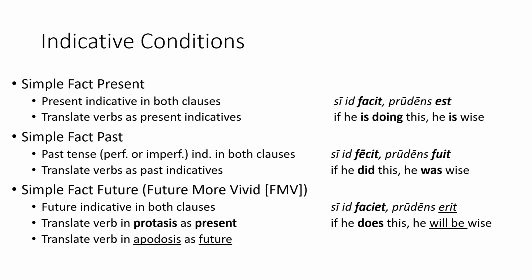It represents a factual relationship between protasis and apodosis that is very likely to happen in the future, hence why it is more vivid. The sample sentence, si id faciet prudens erit, if he does this, he will be wise, represents a situation where if the subject will in fact do the indicated action in the future, then he will in fact be wise.